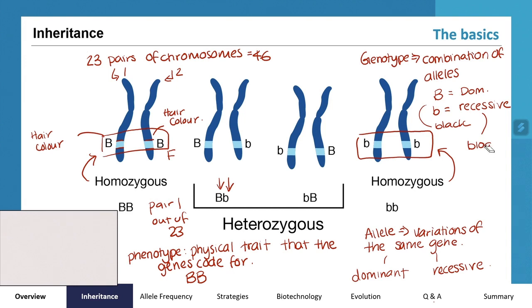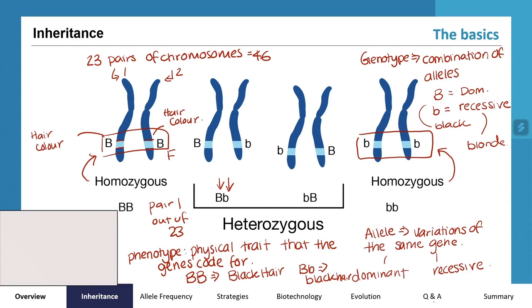These are completely fake examples, by the way. If you've got a homozygous dominant genotype, the phenotype is black hair. Similarly, if you've got capital B, little b as your genotype, even though you do have that recessive allele, the dominant one is the one that's expressed in the phenotype, your phenotype is still going to be black hair.